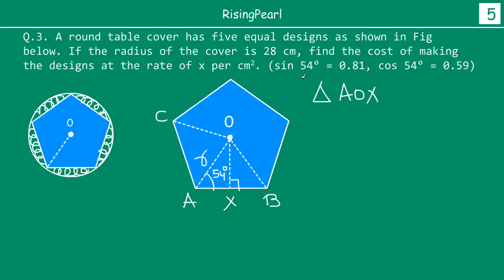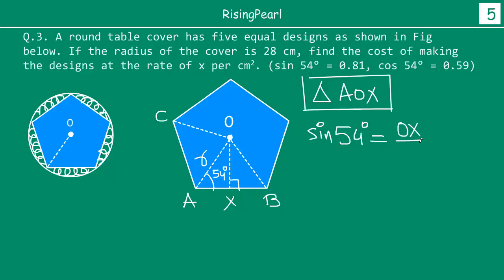So at this point, friends, we can apply trigonometry, because if we know one of the angles and one of the sides, then using trigonometric ratios, we can find all the remaining sides. By simply doing sine 54 degrees in triangle AOX, we know that sine of any angle is the opposite side OX divided by the hypotenuse, which is R, and the value of R is given as 28.